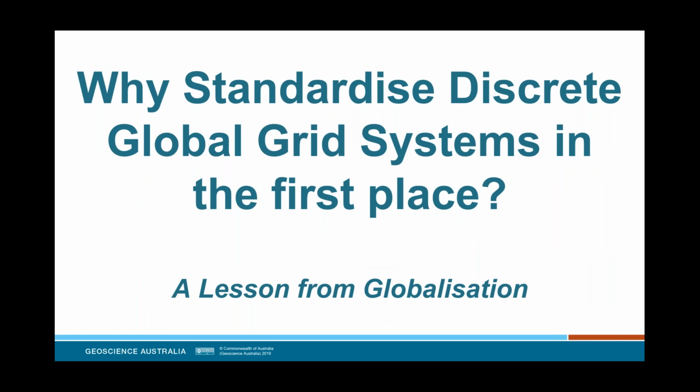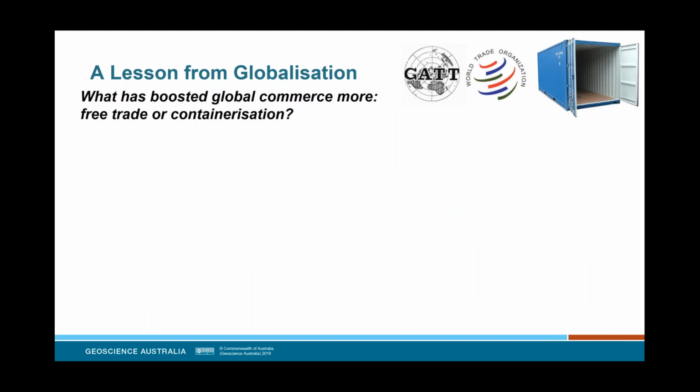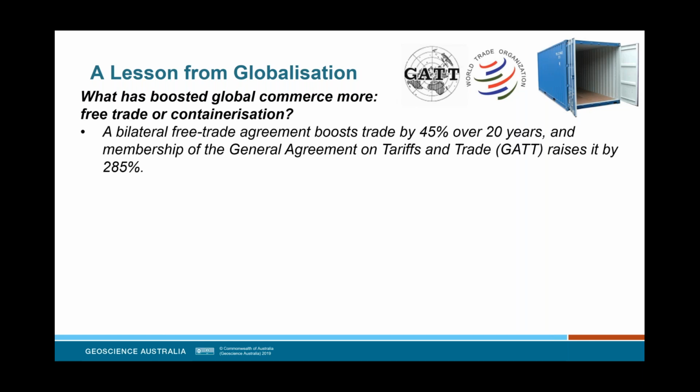And so why standardize DGGS in the first place? Well, I did cover that a little bit, but just to underscore the benefits, here is a little lesson from globalization. About 20 or 30 years ago, bilateral free trade agreements boosted trade by over 45% in 20 years.